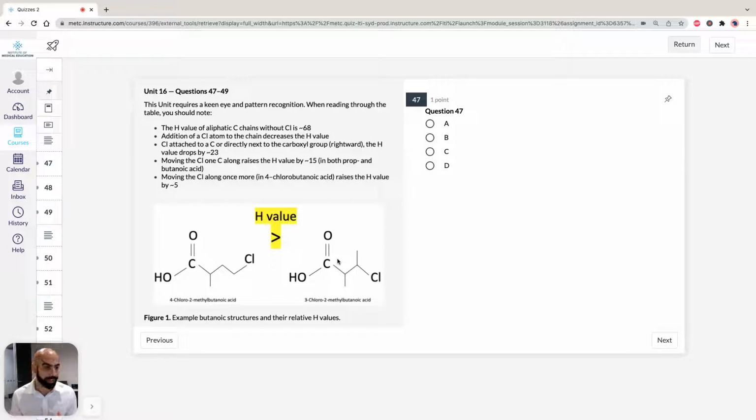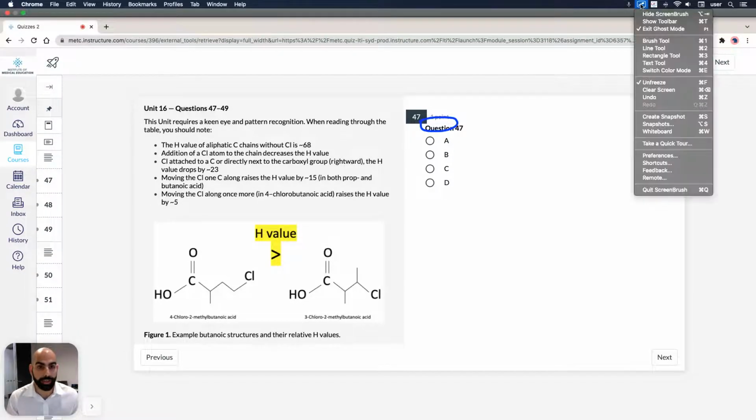However, because we added chlorine, and it's a 2-chloropentanoic acid, close to the carboxylic acid, it's going to drop by about 20, which we've seen in the table. So the answer for 47 has to be about 68 minus about 23, so about 45. The closest is A, 46.1.